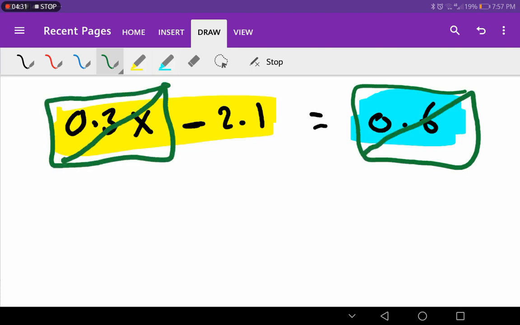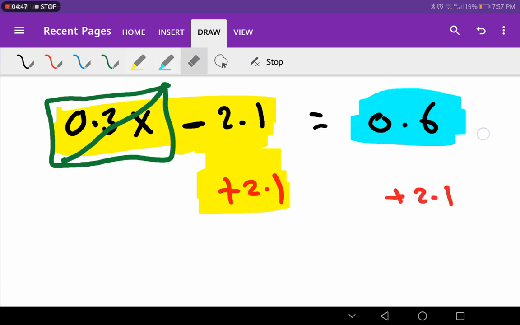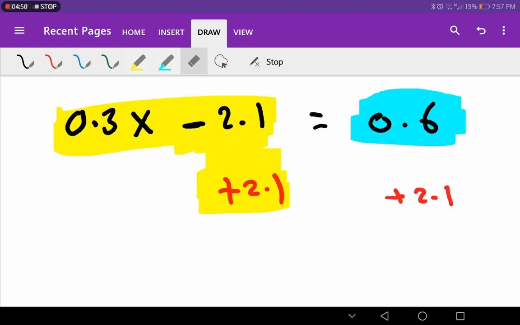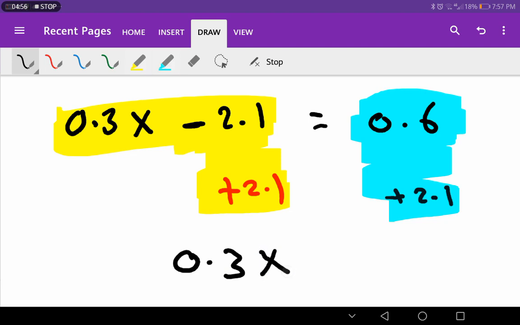What do we have to do? Plus 2.1 in this side, the yellow side, to eliminate negative 2.1. And what we do on the left, we have to do on the right, plus 2.1. This is the first step. So the 0.3x comes down and waits for what will happen here.